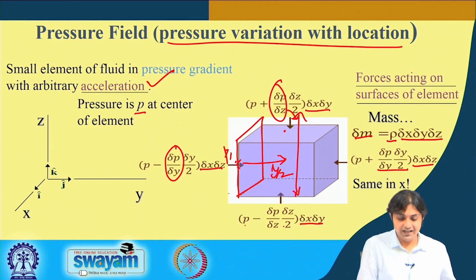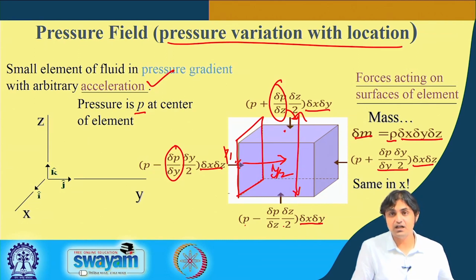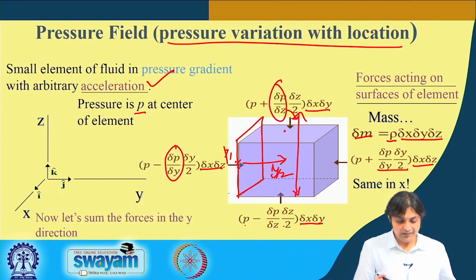We have assumed the direction of y, the same can be done in x also, but we are going to concentrate on one direction right now, the variation of pressure in the y direction, for example.